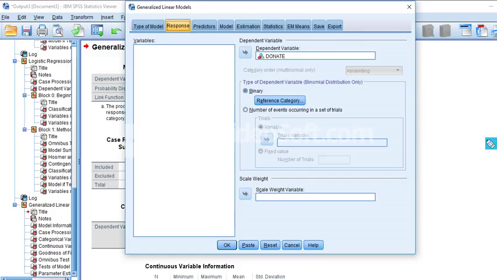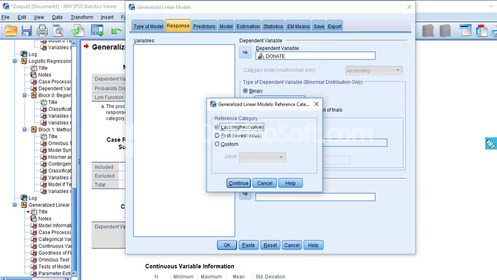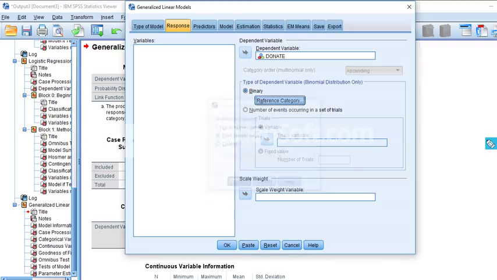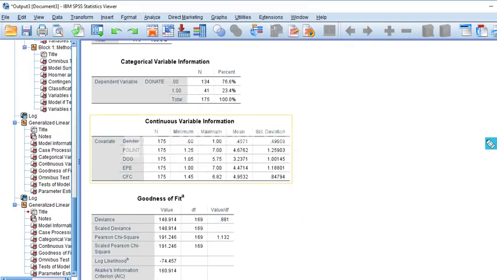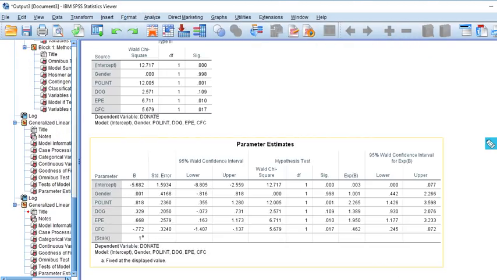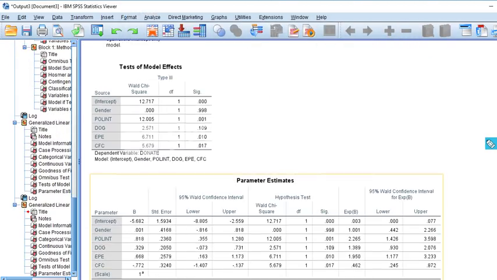Under response, you'll see it says type of dependent variable, binary, reference category. I'm going to actually treat the first value as the reference category instead of the last value. It defaults to the last value, and that's what's aggravating here. So I'm going to rerun it now, and things should line up more nicely and more consistently with what we had seen previously.